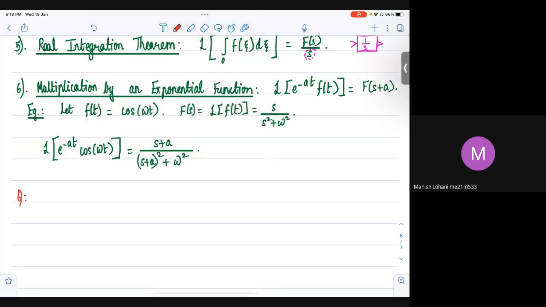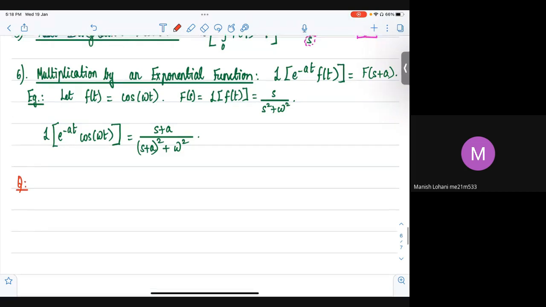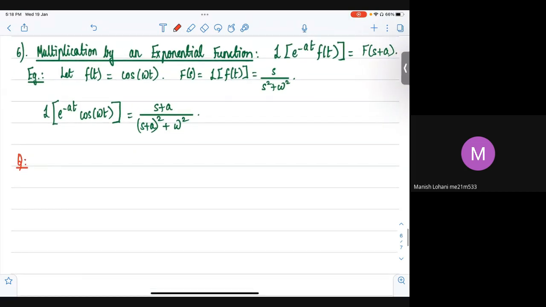Now, having quickly revised Laplace transforms, the question arises: how does one solve an ordinary differential equation using the Laplace transform? There should be some purpose behind learning this theory as far as our course is concerned. What is the link to our course?